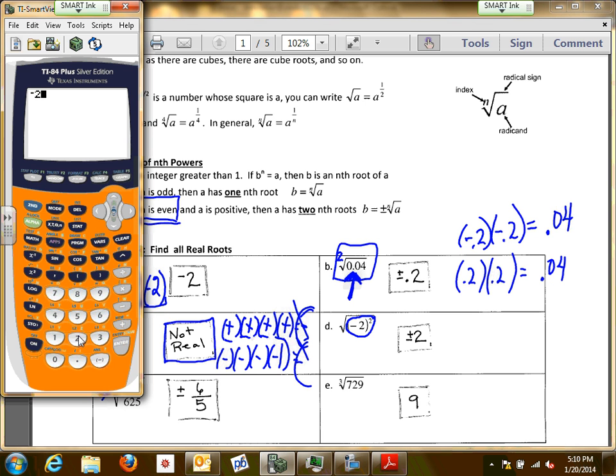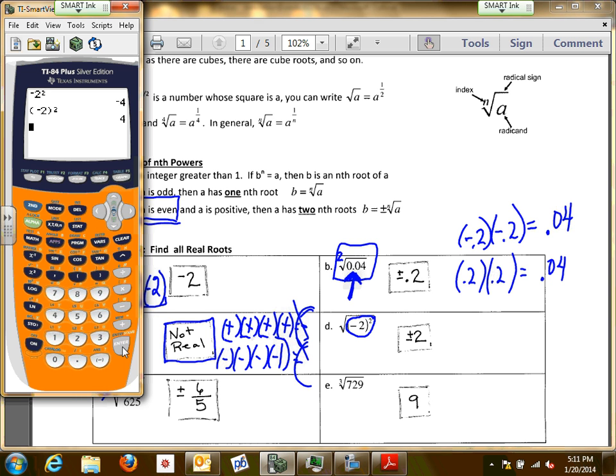Negative 2 squared. The calculator gives me negative 4 as the answer. But what you intended it to do is negative 2 squared, and that's a positive answer. Do you see that? That is a small calculator difference, which makes a totally different answer.